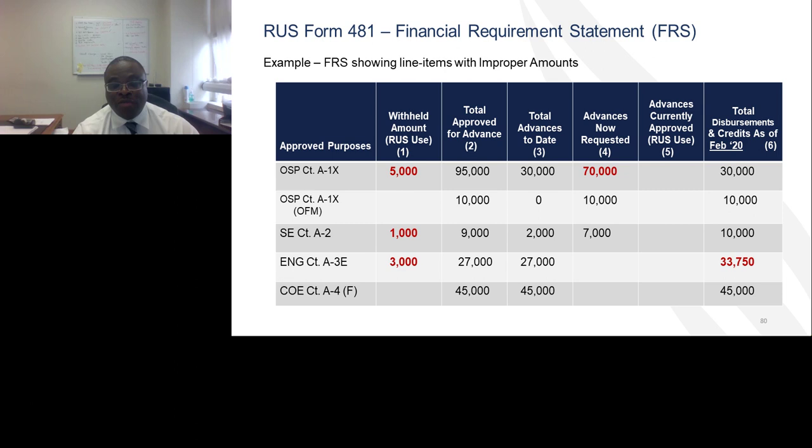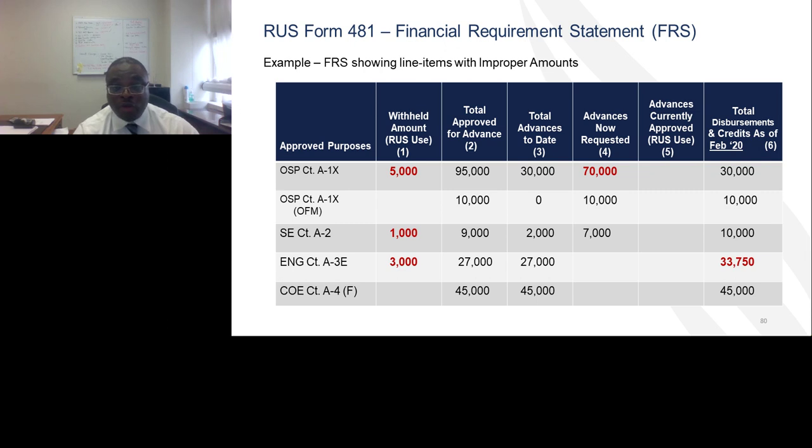That would be challenging because that $70,000 would exceed the amounts available. The contract total approved for advance is $95,000. Our US has advanced $30,000. We can only approve $65,000 on this line item, pending the submission or approval of amendment or closeout documents.